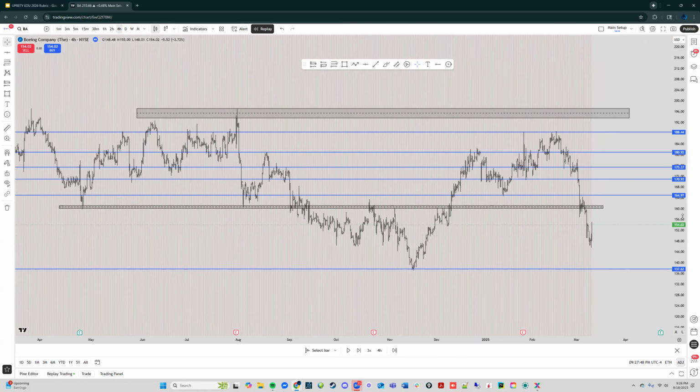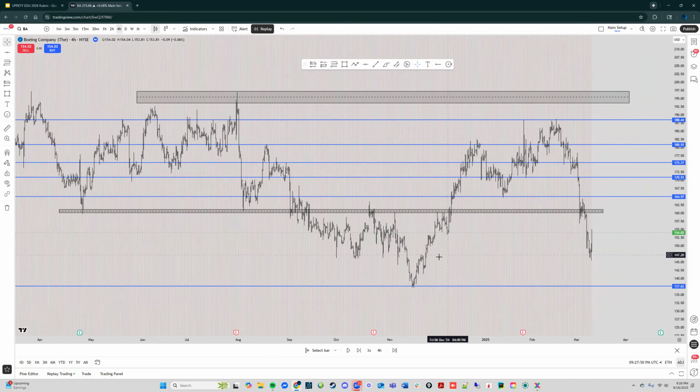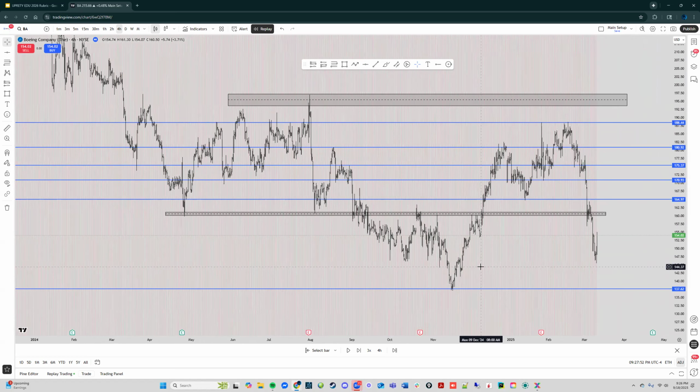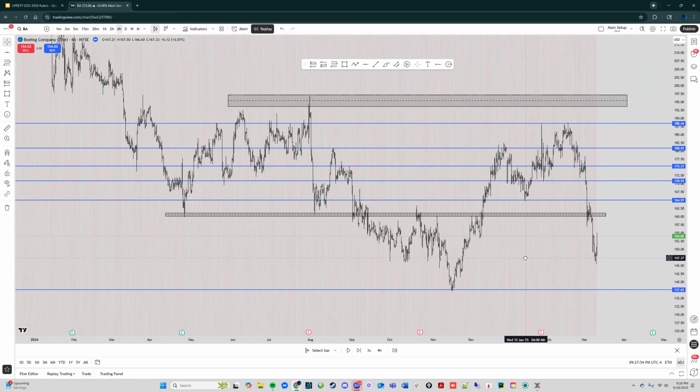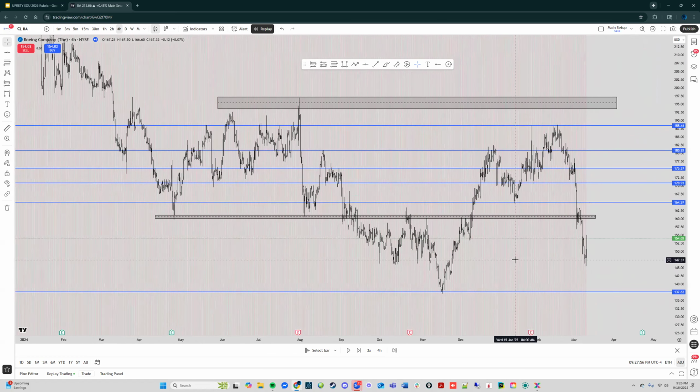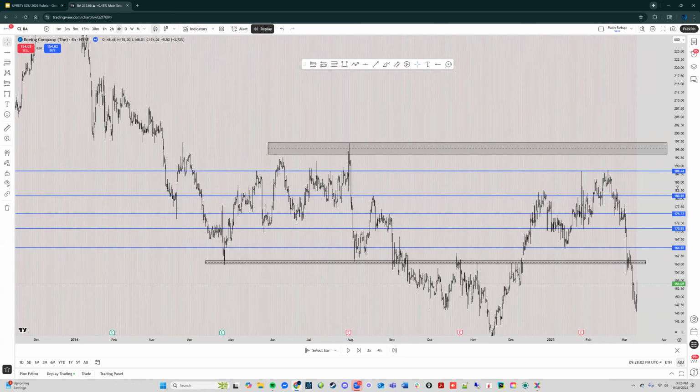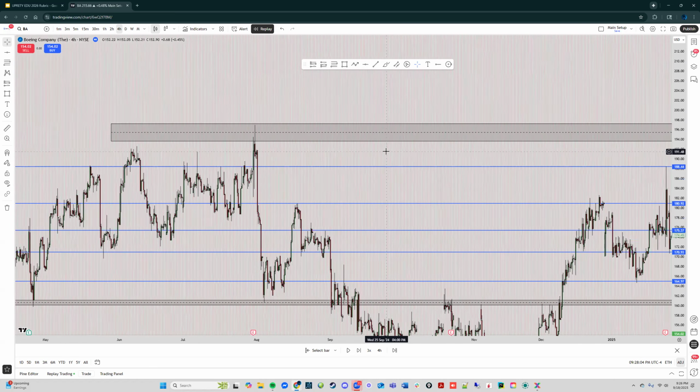Okay, what do you guys think? Do you like these levels? Should I fix anything? I'm guessing you guys think the supply zone is too high. Okay, you want me to fix my supply zone?